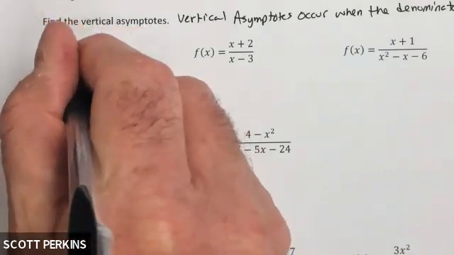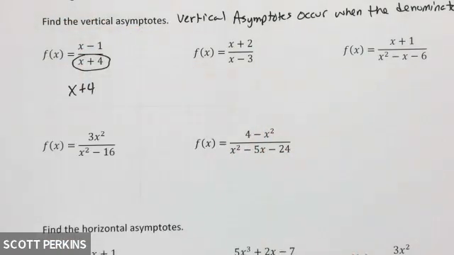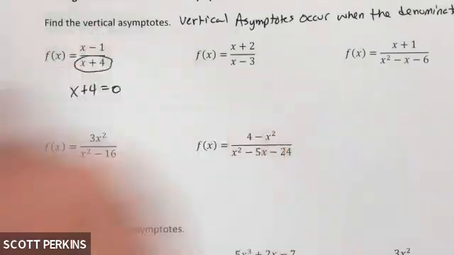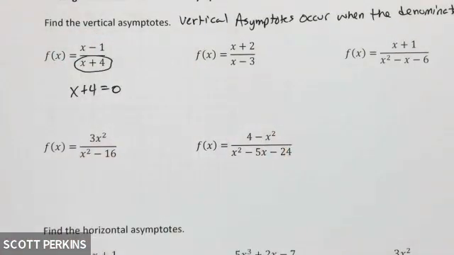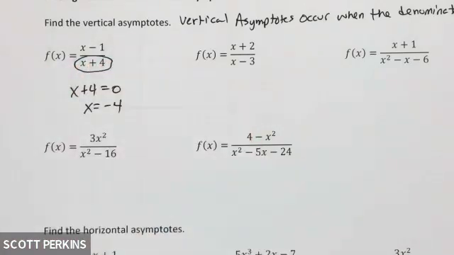So what we're going to do is take that denominator, the x plus 4, and say, when is that x plus 4 equal to 0? I'm hoping everybody could solve this. I'm going to subtract 4 from both sides and see that that happens at x equal to -4. That is the vertical asymptote.